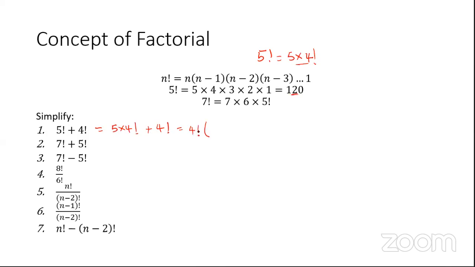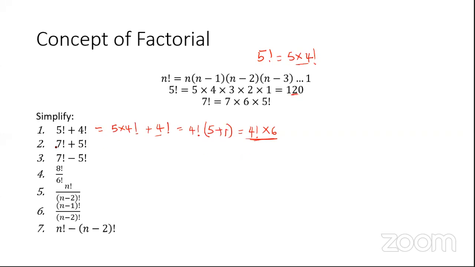Here we are left with 5, then here you are left with an invisible 1. So it is the same thing as 4 factorial times 6. They may not require you to get the actual answer, but at least you should be able to simplify factorial. So that is the answer to that particular one.